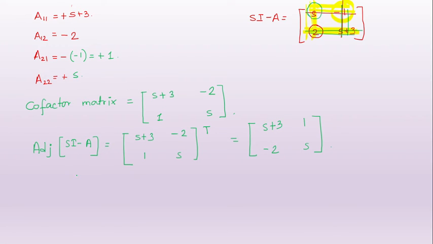Now if this is the adjoint, how can we get the inverse of sI minus A?